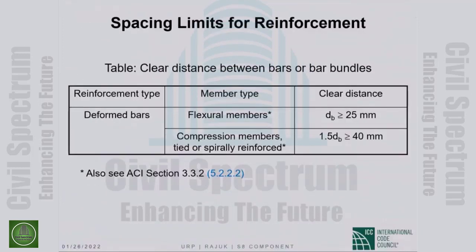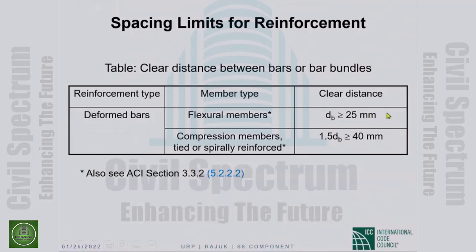So clear distance between bars or bar bundles. This is what we discussed. For flexural members, 1 bar diameter, larger than or equal to 25 millimeters.